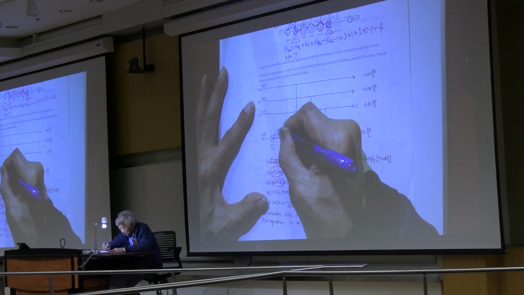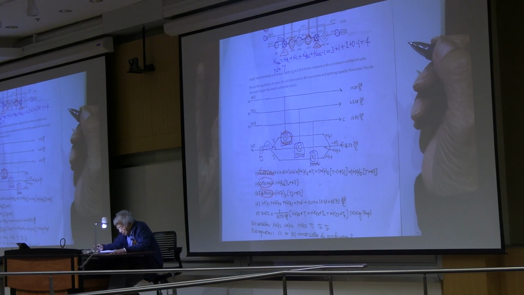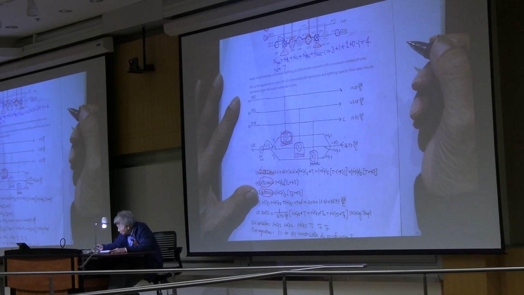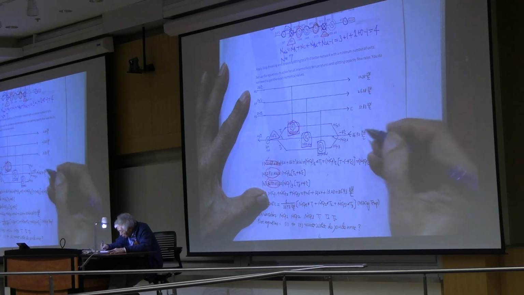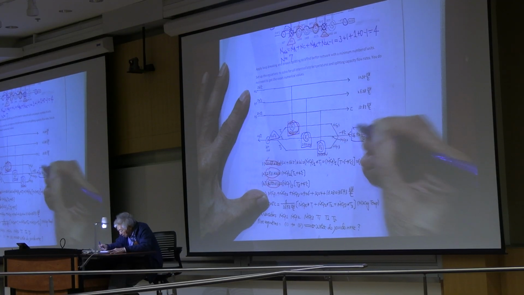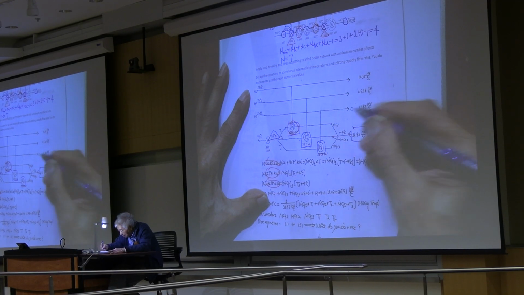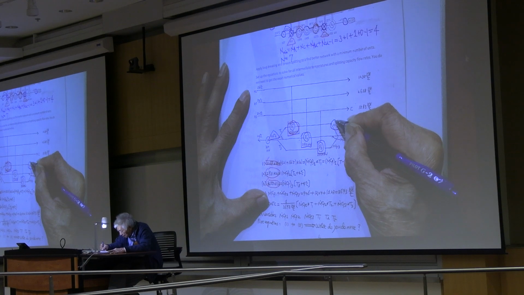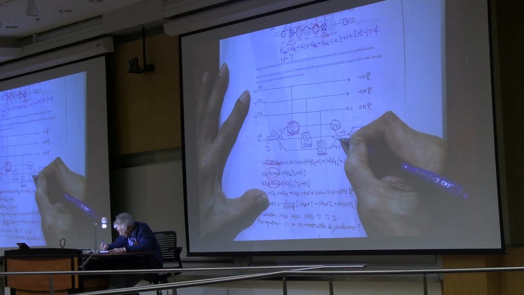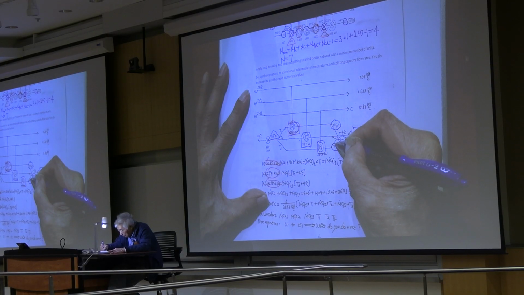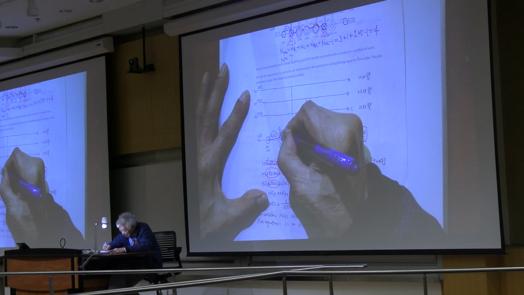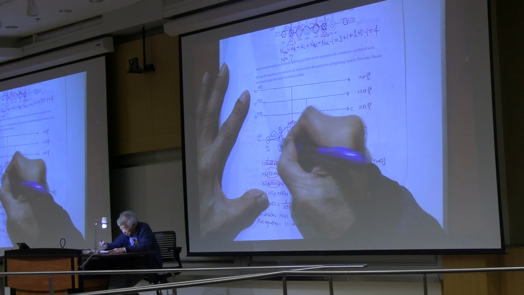So, we need to find out 6 unknowns: total capacity flow rate, MCP1, MCP2, MCP3, plus 3 temperatures.